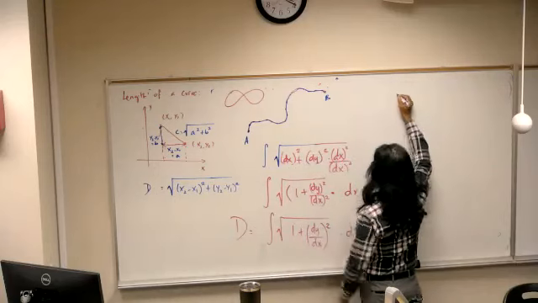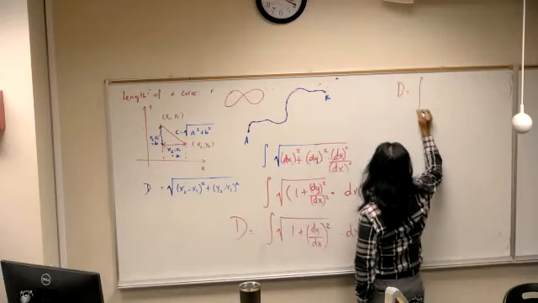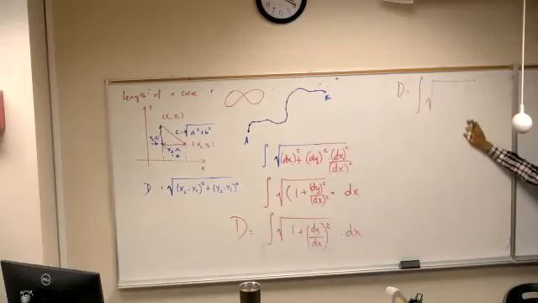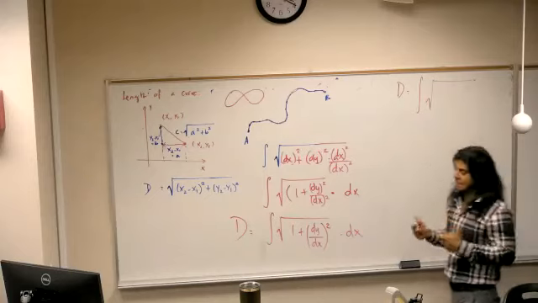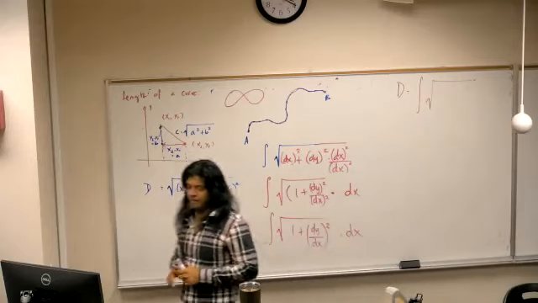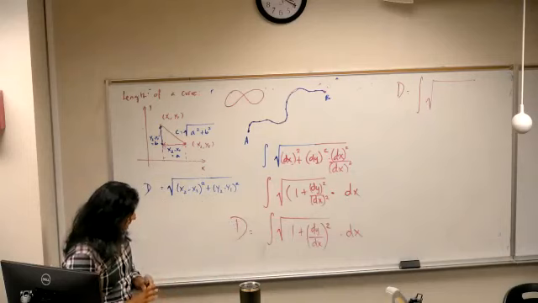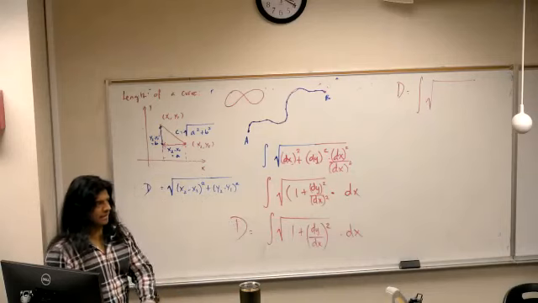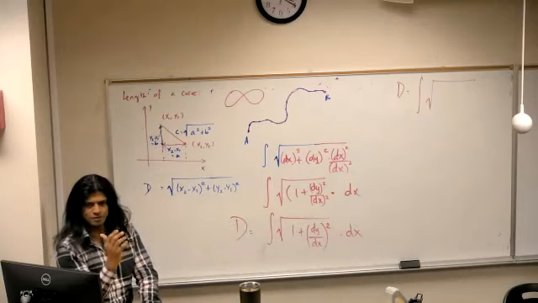How do we go from here to a parametric version? Well, dy over dx in terms of dt. We wrote it in a certain way. Do we remember? dy over dx, but dt somehow got to show up.